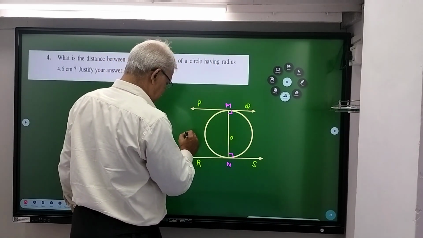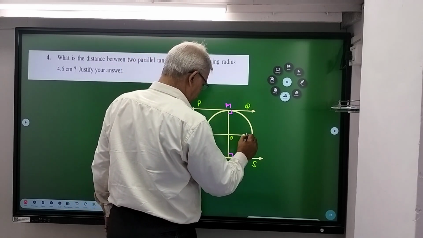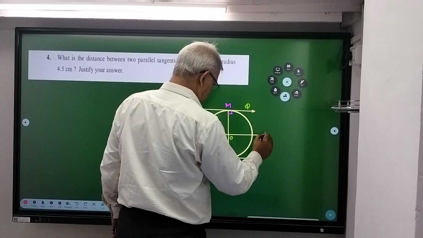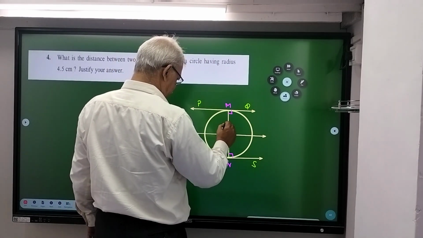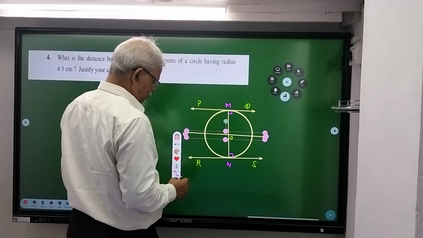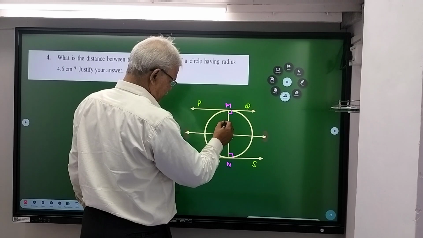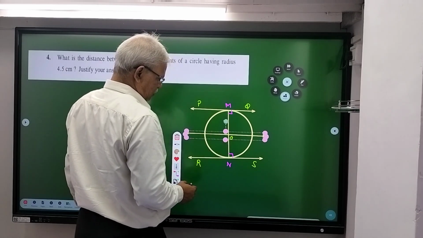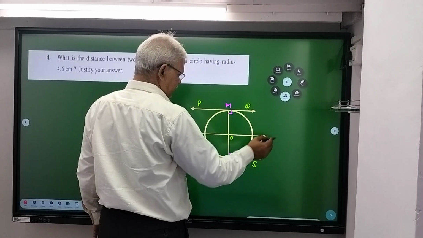Now see here, I will do one construction, that is, I would like to draw a line which is also parallel to PQ and RS.